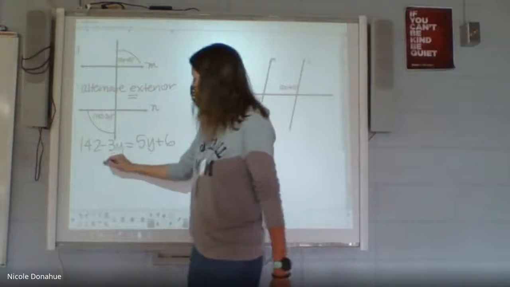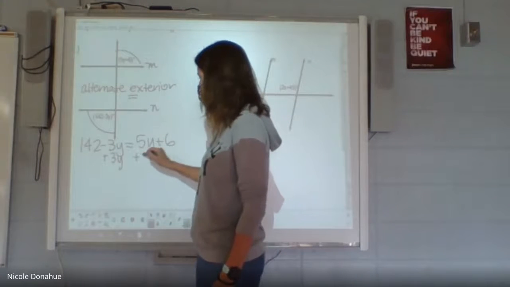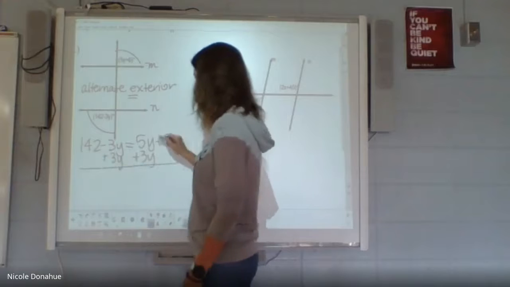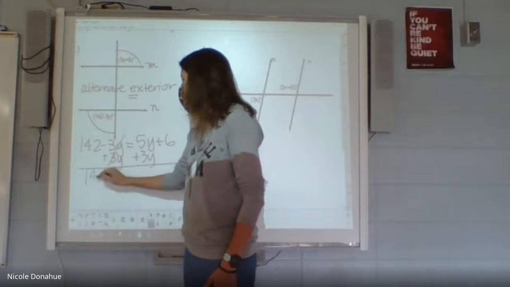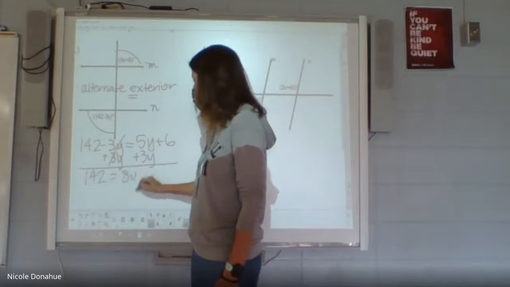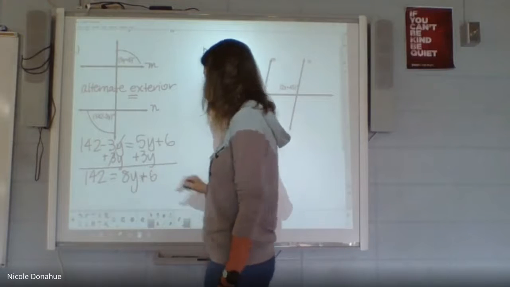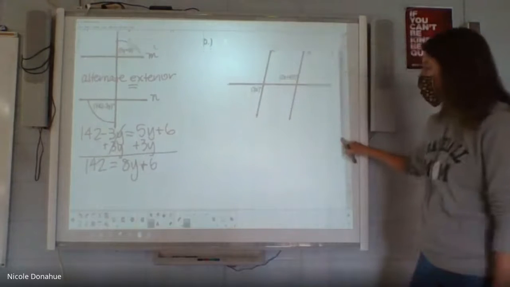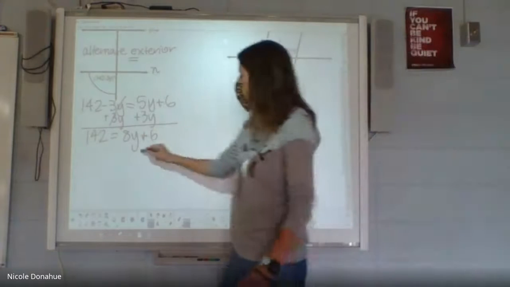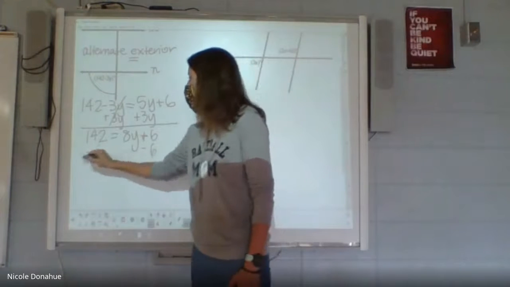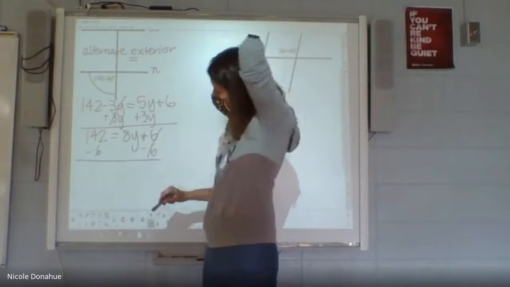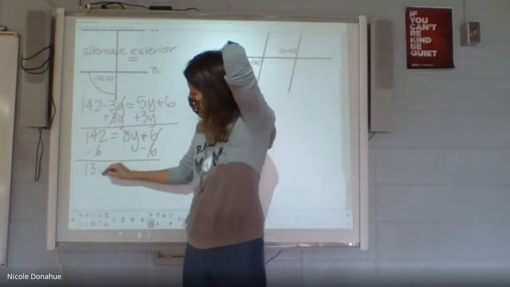So I'm going to move the 3y over. I like my variable to be positive if I can work with positive numbers instead of negative. It's one less place to make a mistake. I'm going to move the 6 over. It's going to be 136, I believe.